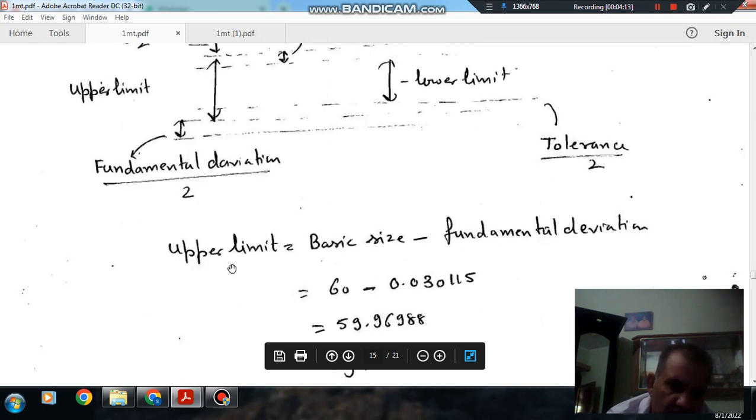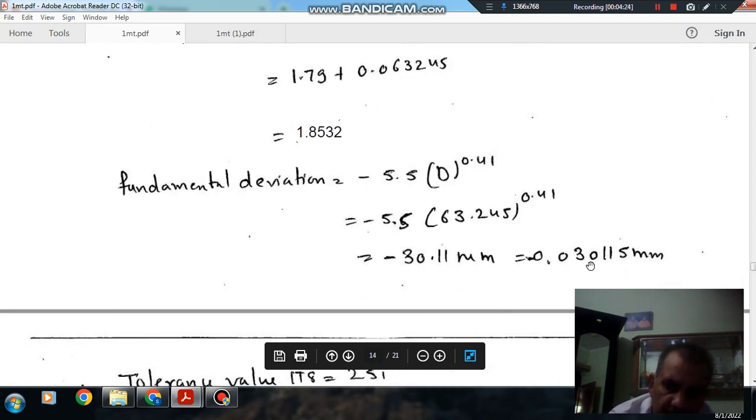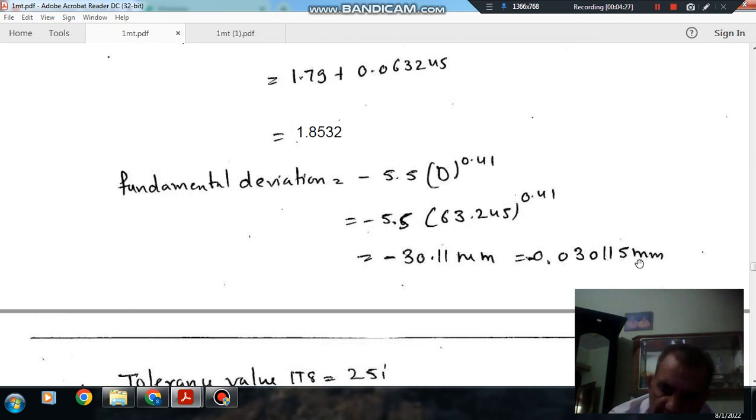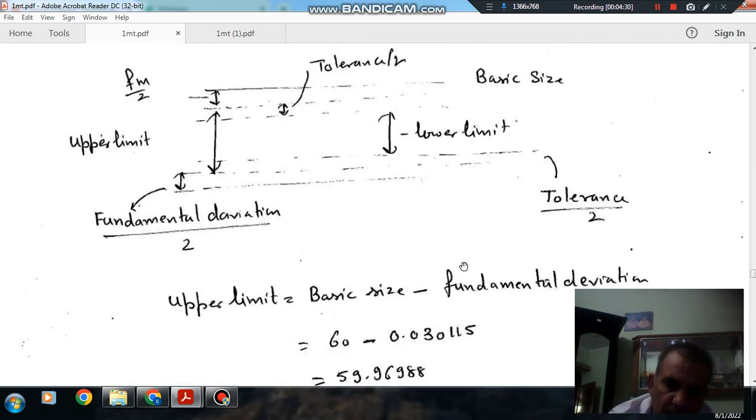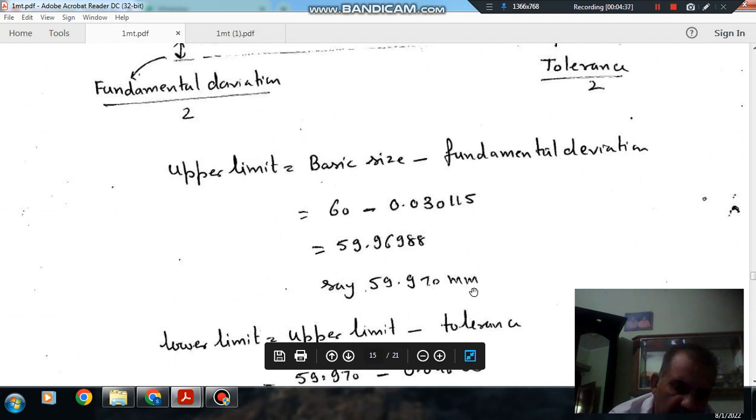The upper limit is the basic size plus the fundamental deviation, so 60 minus 0.03011 mm, as the fundamental deviation is minus 0.03011 mm. We subtract this, so that will be 59.970 mm.